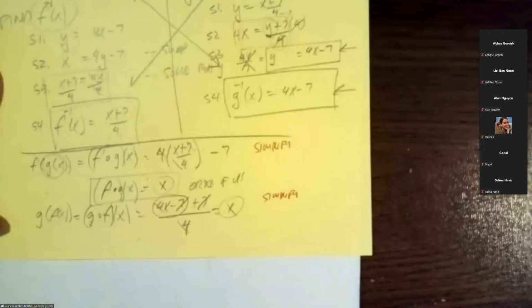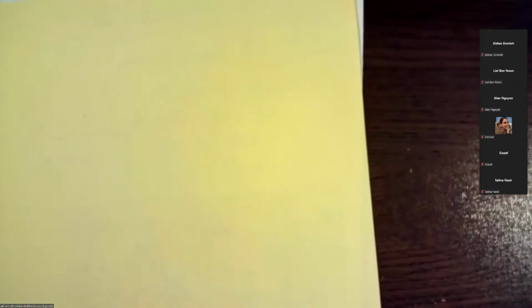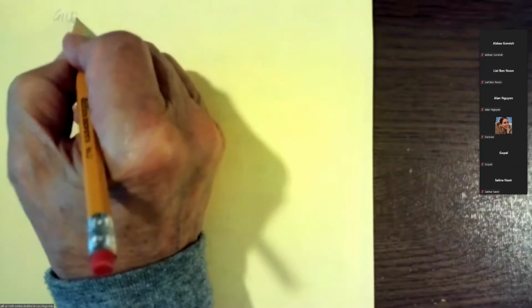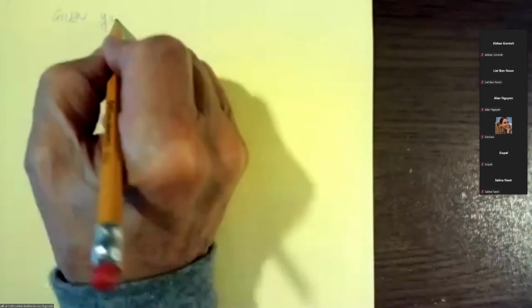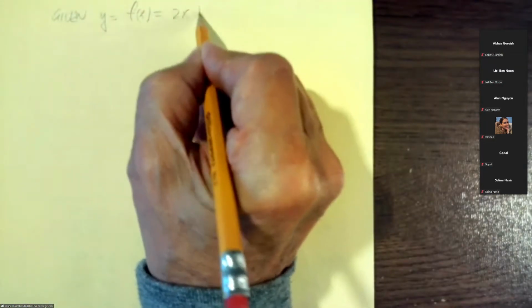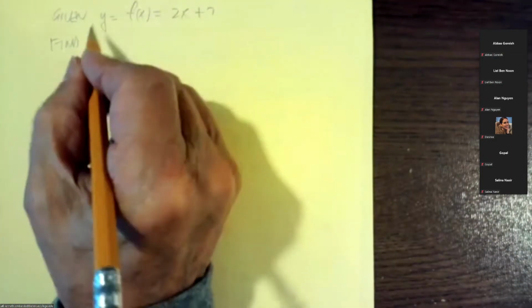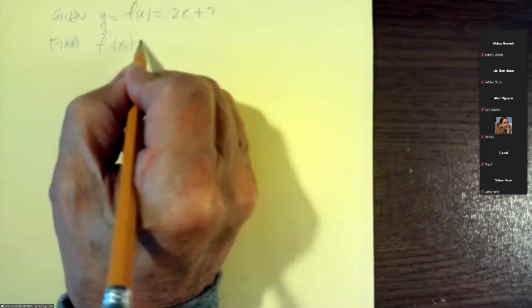Other questions? Okay. All right, let's see, which one did we do here? All right, let's try this one then. I'm going to give you a function, y equals f of x, and I say 2x plus 7, and I say find the inverse of x. Are you able to do that?